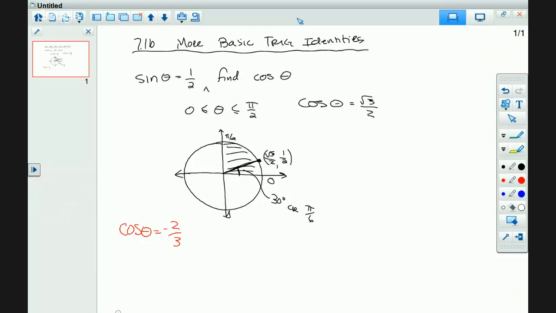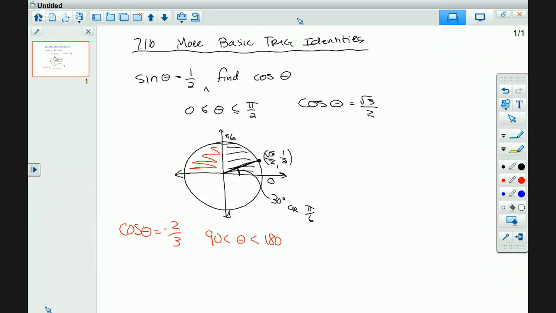So this is actually bounded. Oh, wait, that's not what I want to write. Backtrack. 90 to 180. Okay, so we're in here, right?